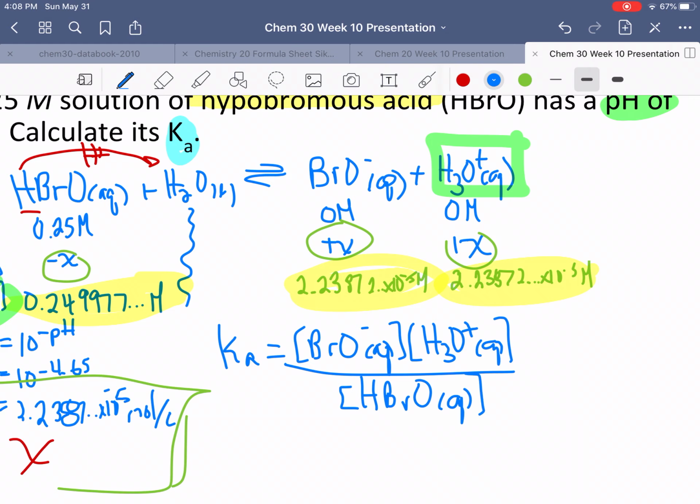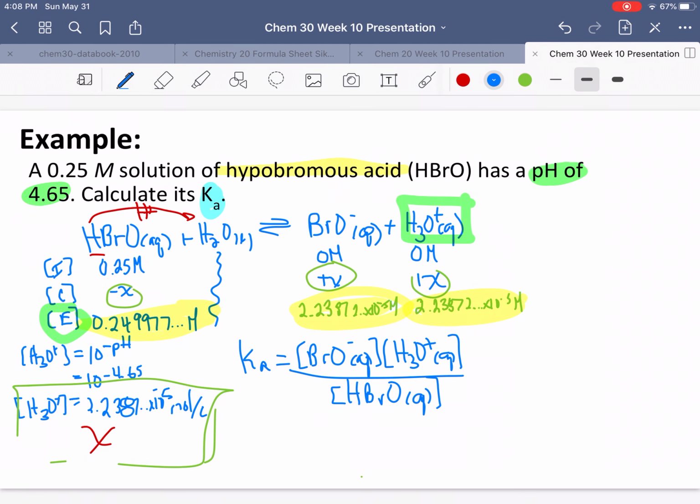Guys, equilibrium laws are concentrations at equilibrium. You know the bromide, hydronium, and hydrobromous acid concentrations at equilibrium. Why? Because we just number crunched them. We just found them all out.